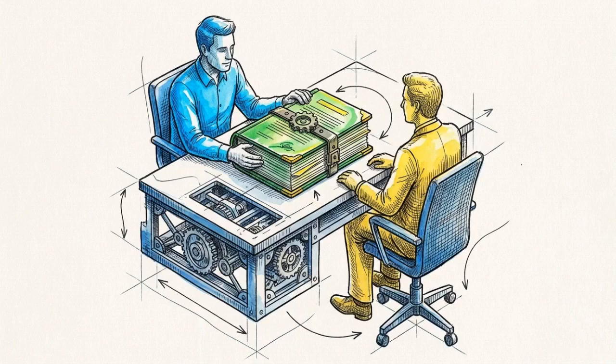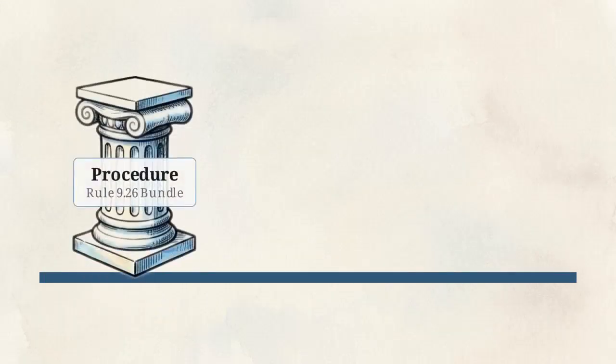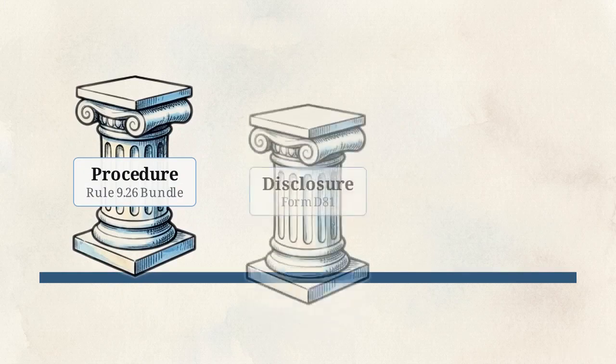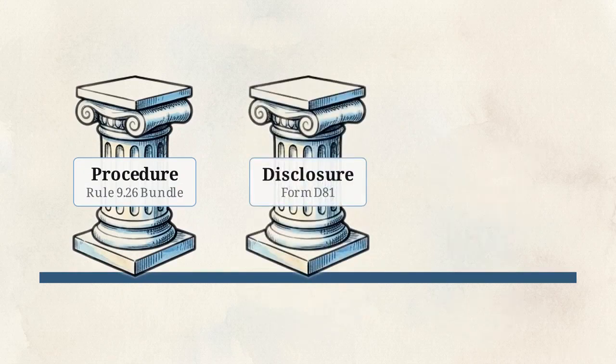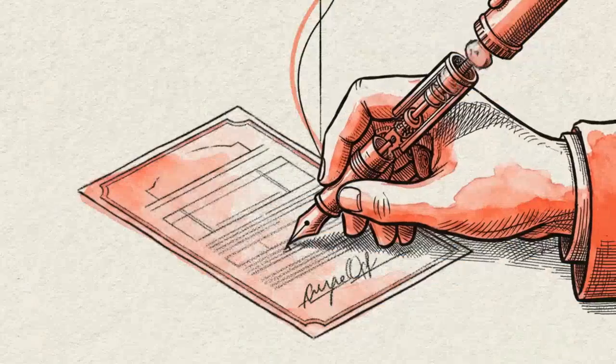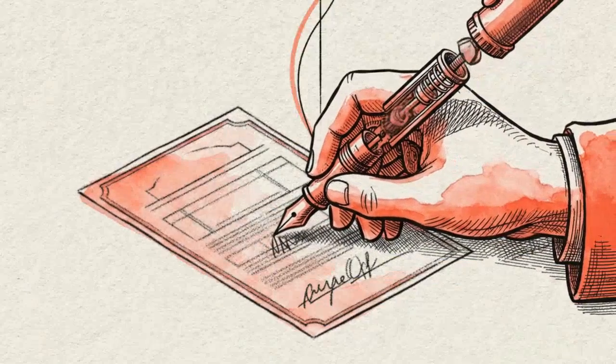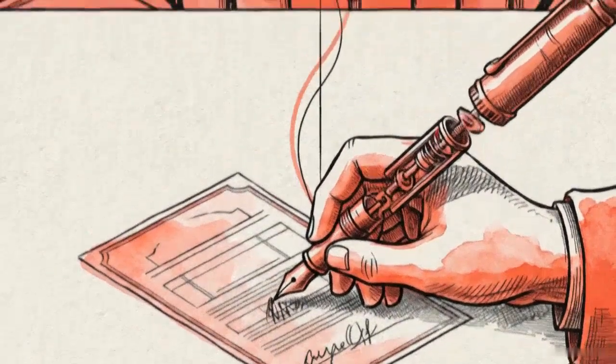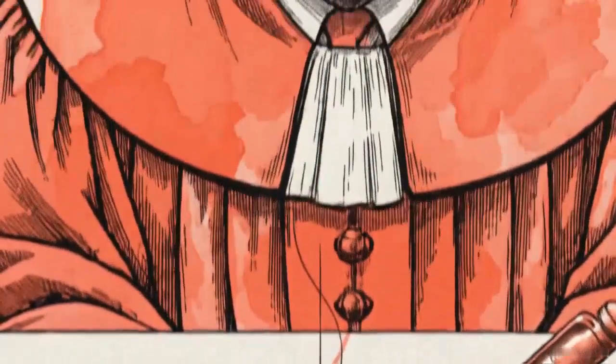The transition from a fragile private agreement to a robust court mandate is a complex procedural journey. Success depends on 3 pillars: compliance with the Rule 9.26 bundle, transparent disclosure in the Form D81, and the correct use of the tripartite Peel architecture. Remember that the judge is an active inquisitor under Section 33A of the MCA 1973.